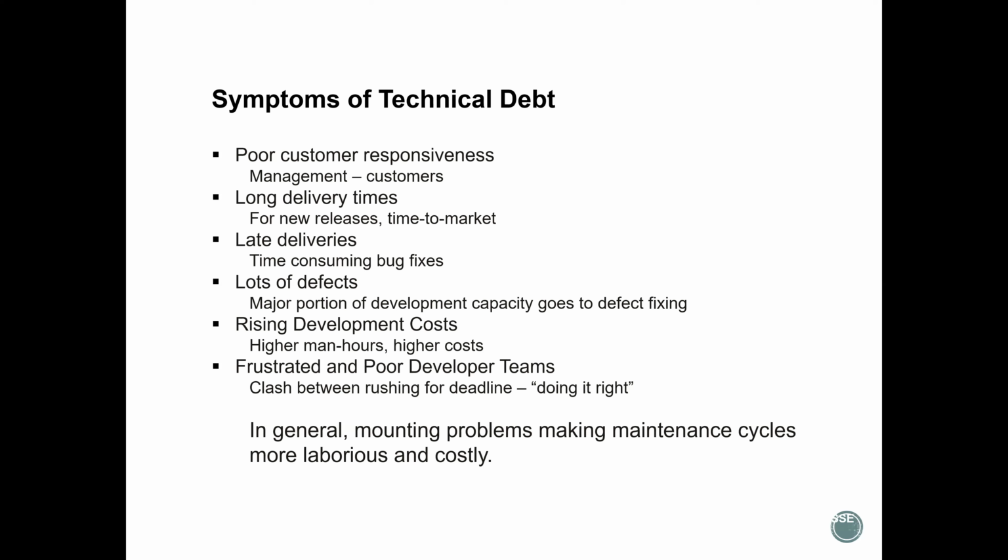And of course, if you have frustrated and poor developer teams with you, then it is very difficult to work with those people, because you will see clashes between rushing for the deadline and the poor developers.